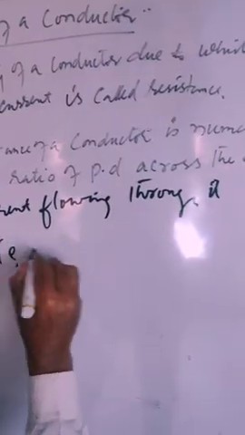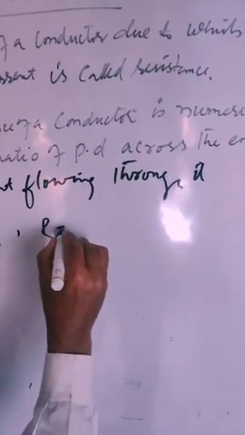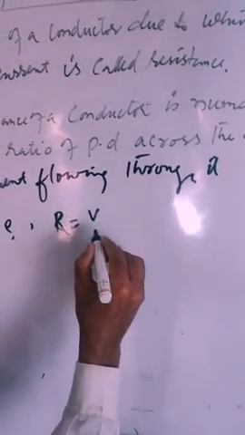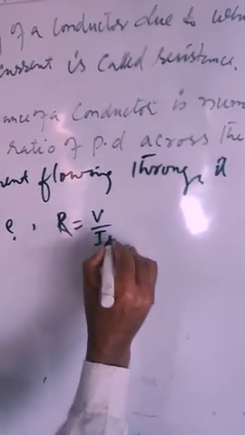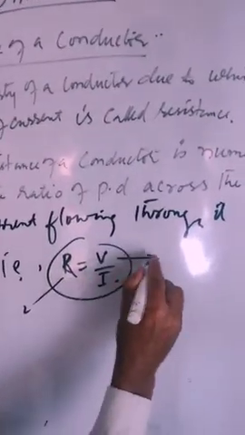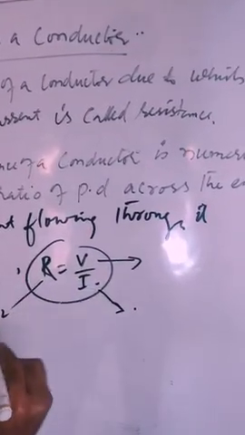That is, we can say R is equal to V by I, where R is the resistance, V is the potential difference, and I is the current.